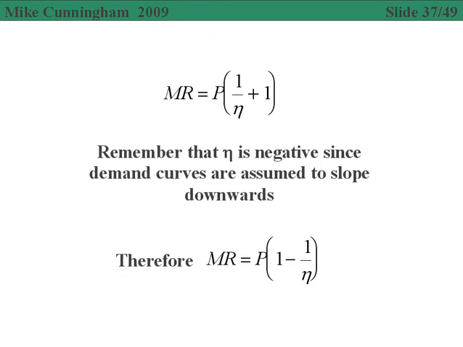Well, if eta is negative, then in fact we should say marginal revenue is equal to price into 1 minus 1 over eta, because this one's a negative, so move it to the right. Okay, that's the relationship between marginal revenue and price. Price is average revenue. If we multiply price by this figure, we'll get the marginal revenue.